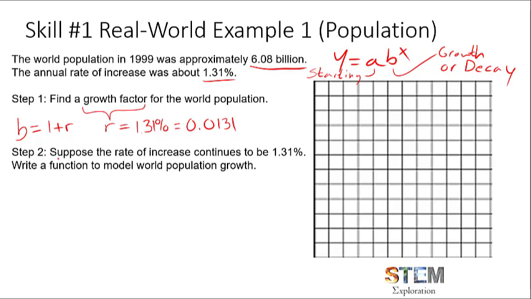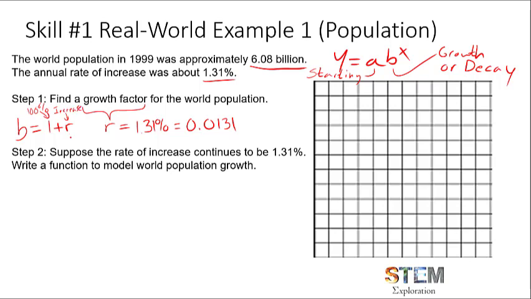The thing is that if you have a population of 6.08 billion and the increase of the population overall, including the people that pass away, is 1.31%, you're going to have 100% of your population that you started with plus the rate of increase or decrease, depending on the situation that you have at hand.